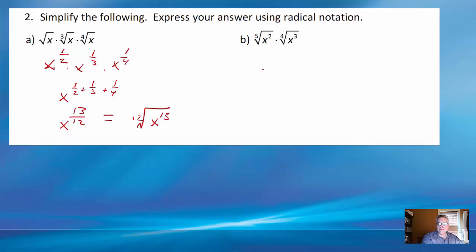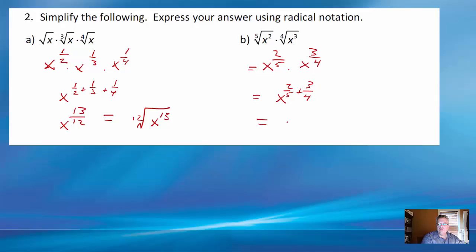Okay, let's try this one. First, convert them to exponents. So this first one would be x to the 2/5. We're going to multiply this by x to the 3/4. When we multiply powers, we add their exponents, so the laws of exponents still apply. This is x to the 2/5 plus 3/4. 2/5 is equal to 8/20, and this is 15/20.